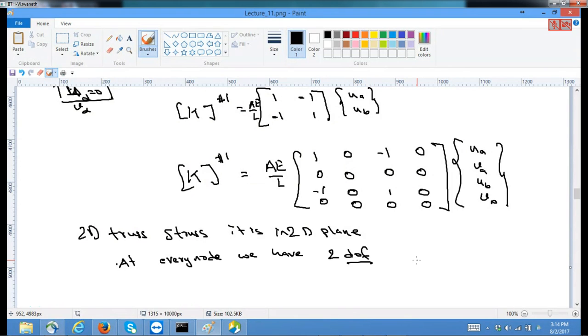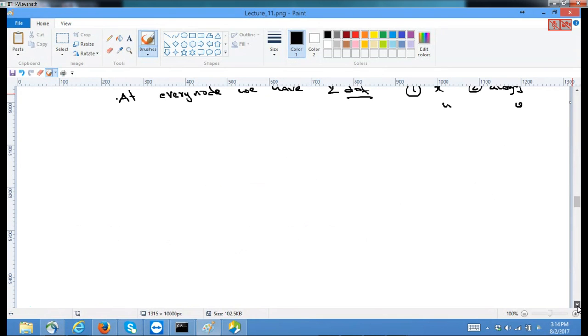The first one is along x, the second is along y. So that is u and v. Whereas for a 1D bar structure, we had only u, UA and UB. The other terms are ignored because VA equals 0, VB equals 0, and only x is a variable.